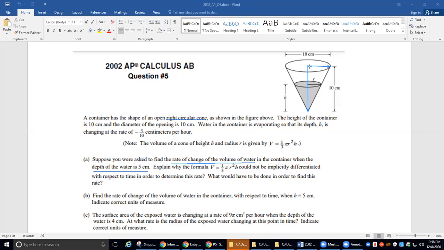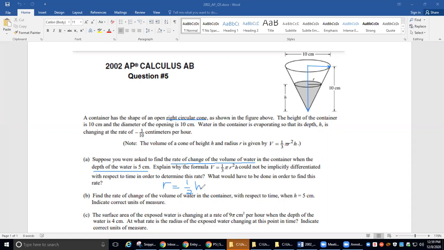Because if I look at the ratio of the height to the radius, I can create something called a slant height of the cone. You see how it makes a triangle with the side of the cone here. So the information they do not give you here, the relationship between the radius and the height, is this: the radius is equal to 1/2 the height.